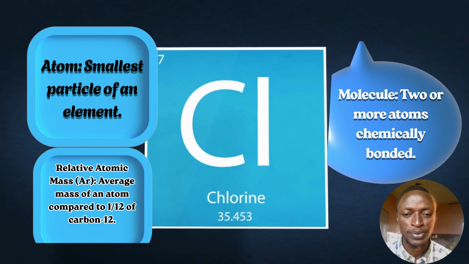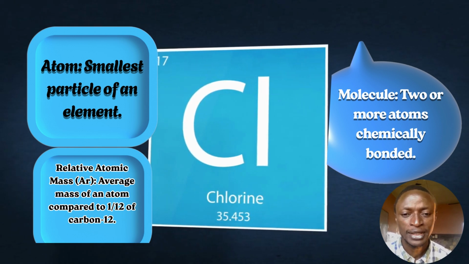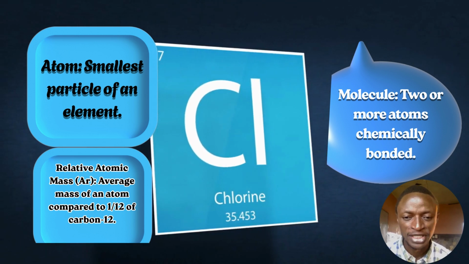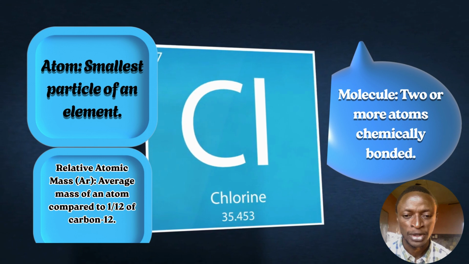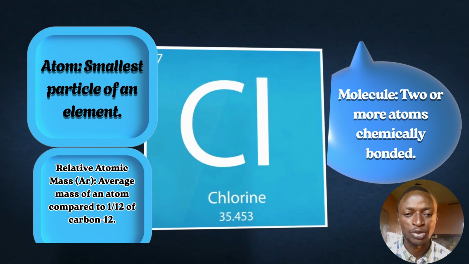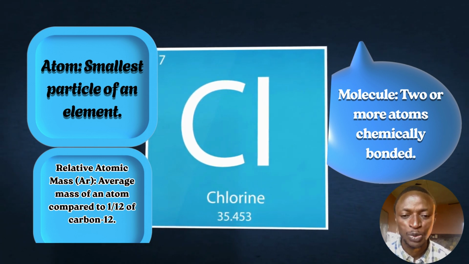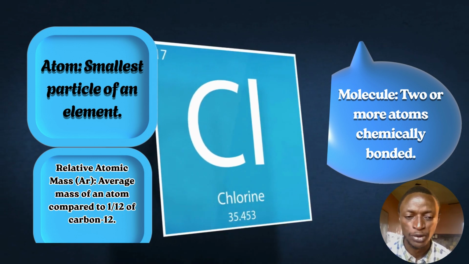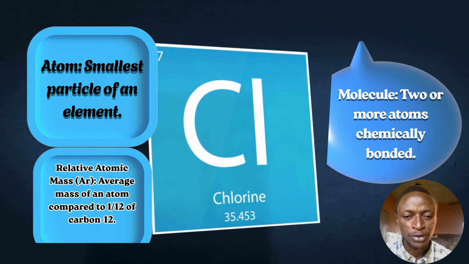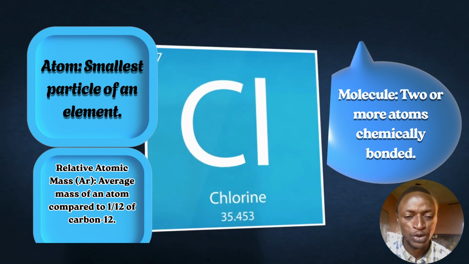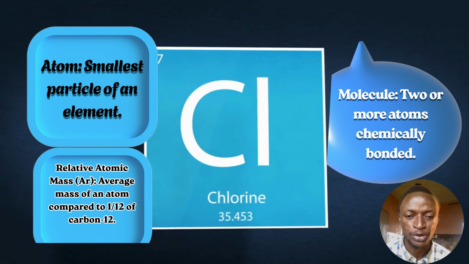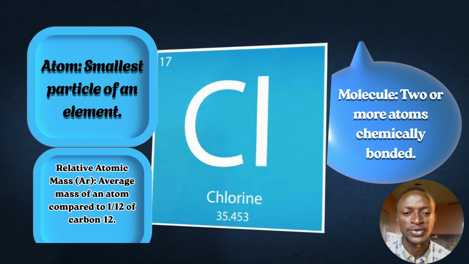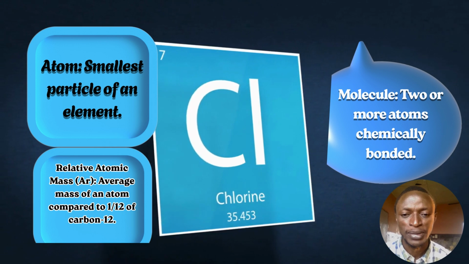Relative atomic mass is defined as the average mass of an atom compared to 1/12 of the carbon-12 isotope. Why do we choose carbon-12 in the definition of the relative atomic mass?